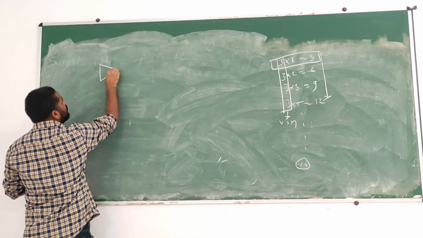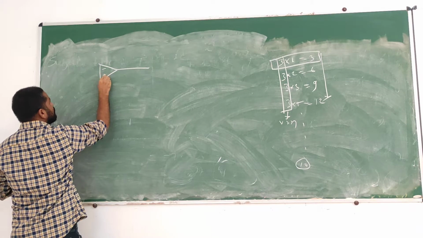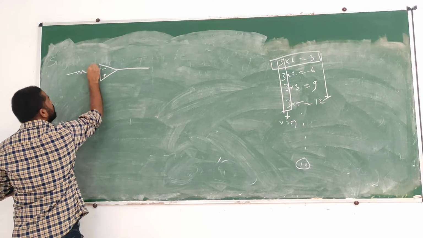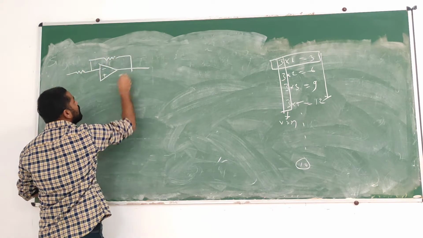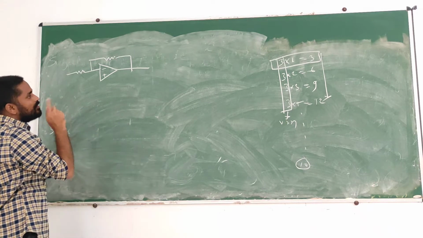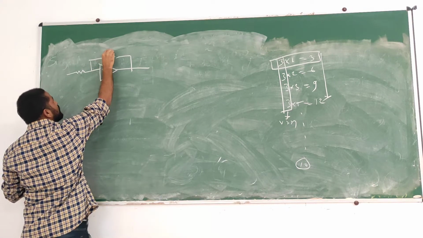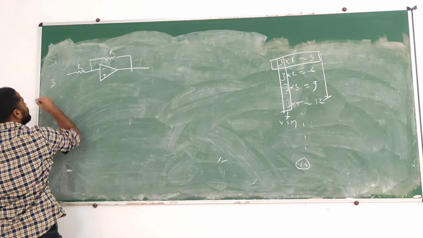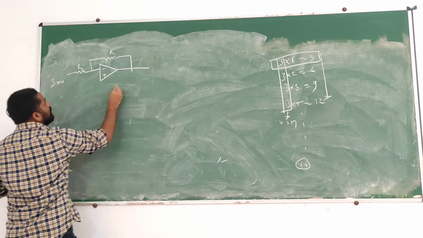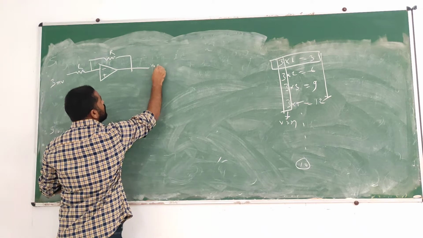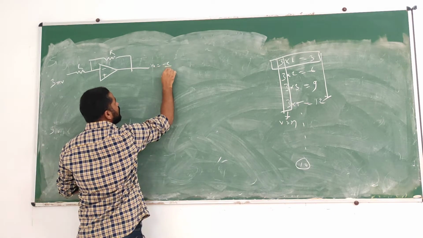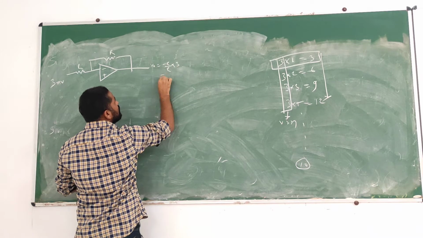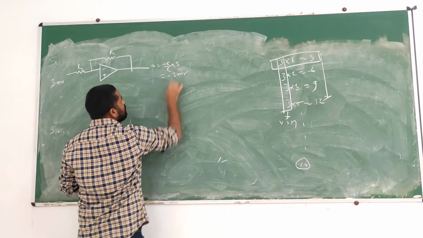Now with the help of one op amp inverting amplifier, we need to keep the gain 1, so for that we use R and R, and this is your voltage applied, 3 millivolt. Output will be nothing but minus R by R into 3, nothing but minus 3 millivolt.